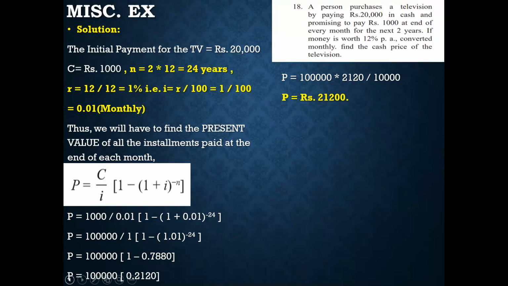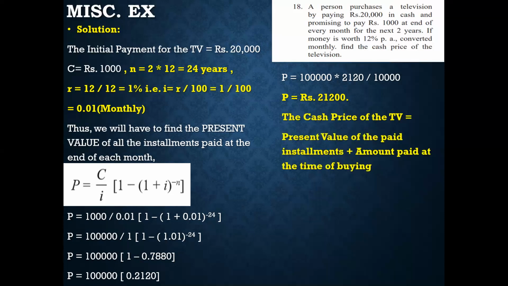So class, this is the present value, that is 21,200 rupees, which is divided per month 1,000 each for the next 2 years. Also, he has made a down payment of 20,000 rupees before when he booked the TV set. So the cash price of the TV will be the present value of the paid installments plus the amount paid at time of buying.